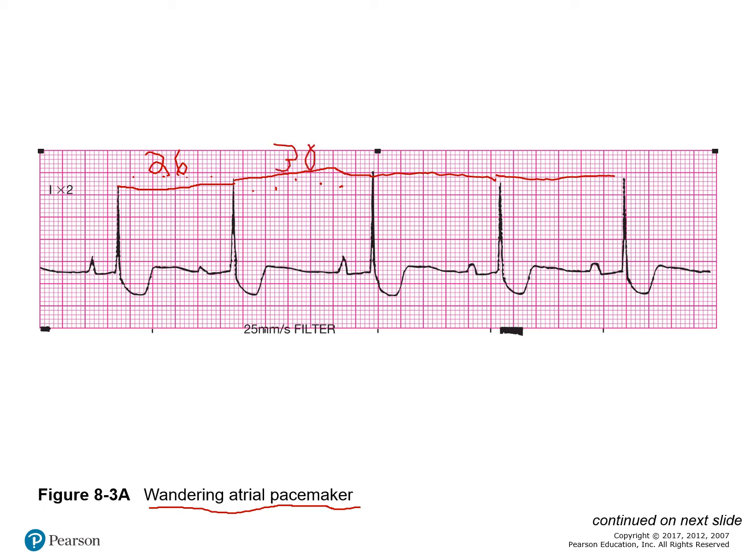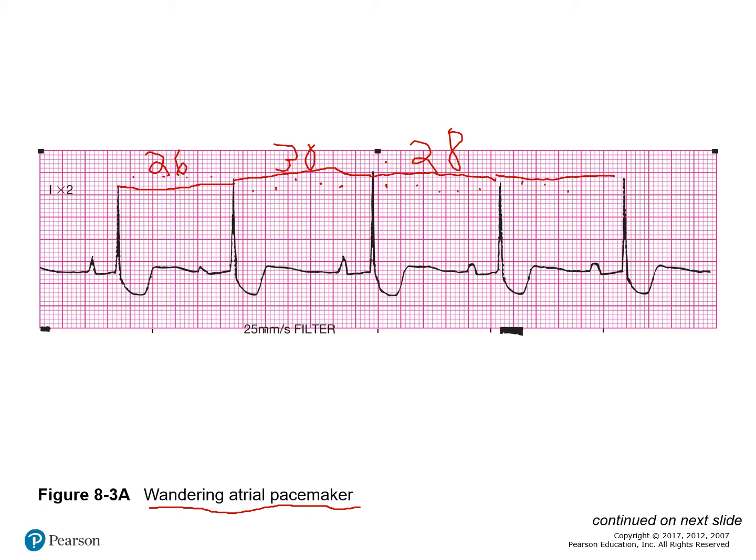Well, that tells you it's going to be irregular right there, because it's more than two little blocks within each other. 5, 10, 15, 20, 25, 26, 27. This one's 28. Still more than two blocks within each other.